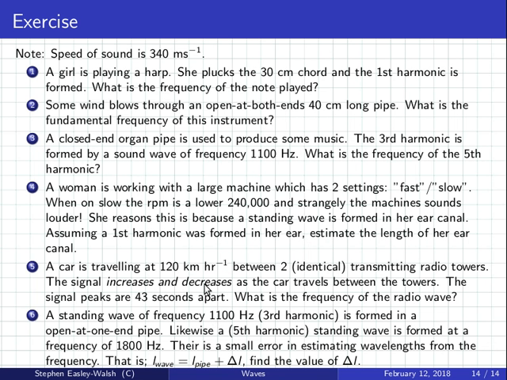So all this lesson is exam difficulty. Okay, can you try these for a few minutes and then we'll have the chapter finished? Oh, and by the way, for all the questions, you can take the speed of sound to be 340.